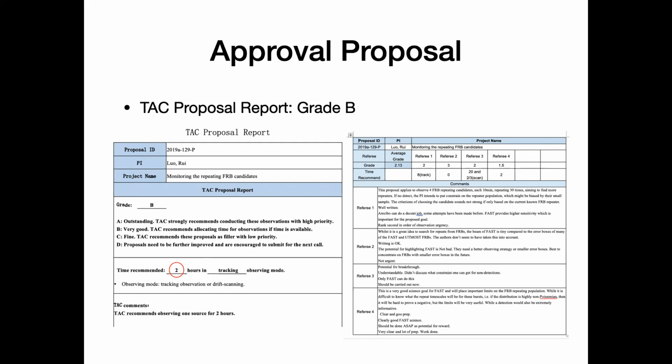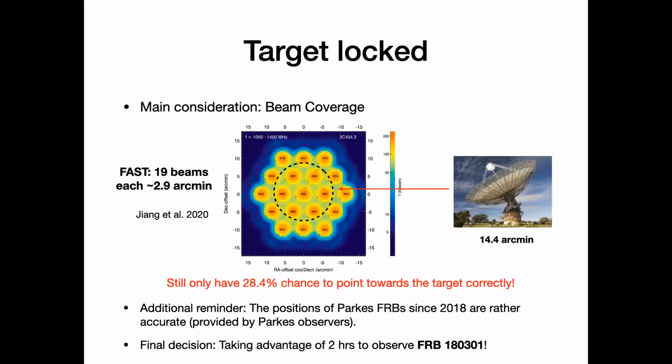And what I wanted to do was to put all in one target, and the target was selected here. When I considered the many factors, I found that for the Parkes FRB we have very good beam coverage, reaching almost 30%.